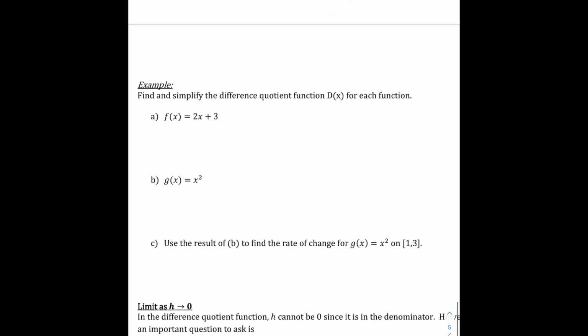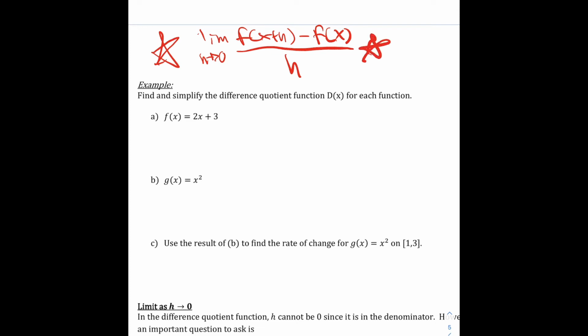Find and simplify the difference quotient. So again, I'm just going to write it right here. Limit as h approaches 0, f of x plus h minus f of x all over h. This is something you need to memorize, okay? You have to know how to set this up. Every time I see an x, I'm going to write x plus h.